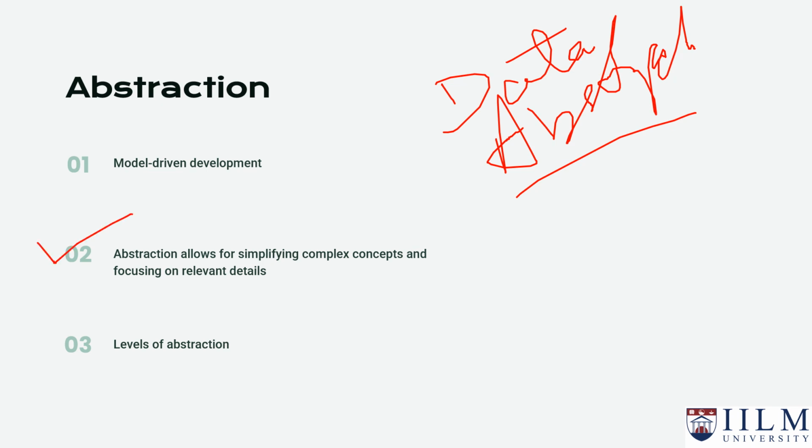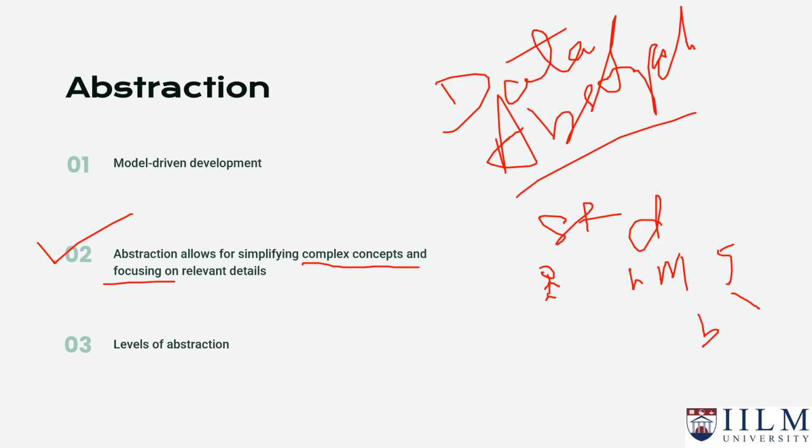Abstraction allows for simplifying complex concepts and focusing on relevant details. If we take the example of a student database, the complex concept is, suppose a student has, sorry, marks of 5 semesters, and in the last semester and the rest 3 semesters he has some back papers.